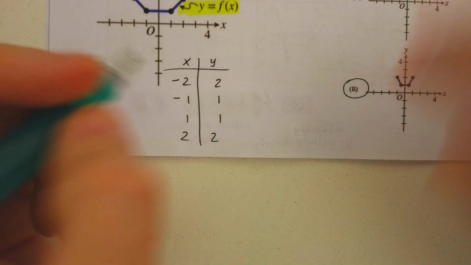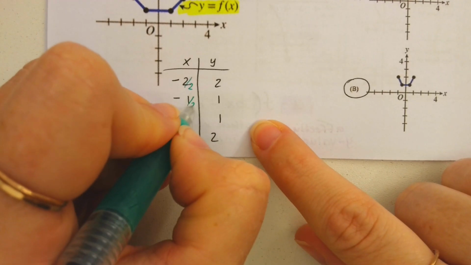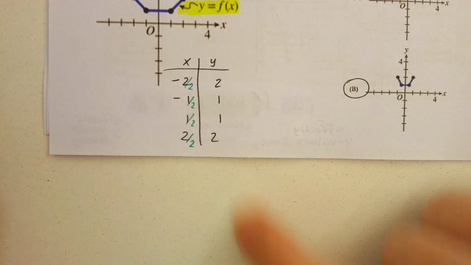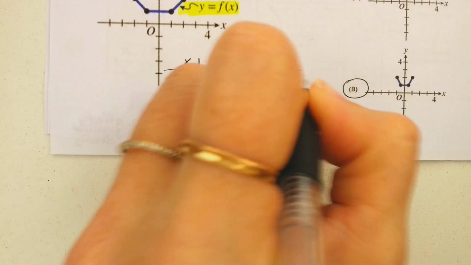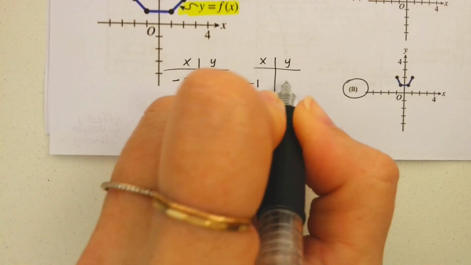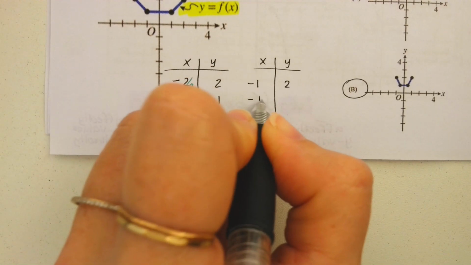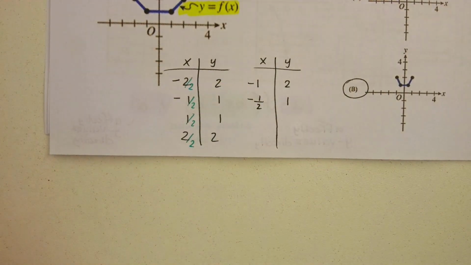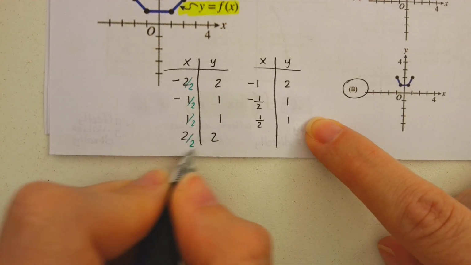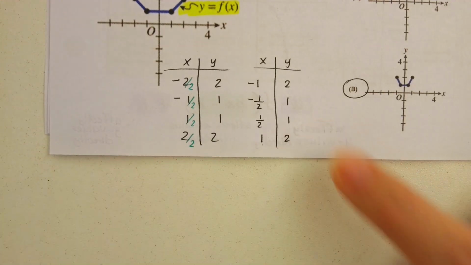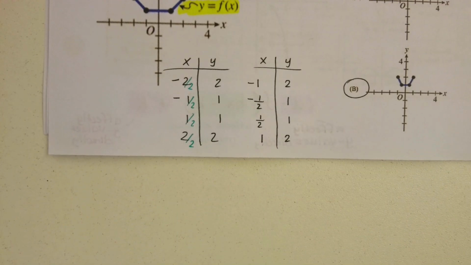So all of my x's divide by 2, and then we'll be able to see our new points. That would become negative 1, 2. This would be negative a half, 1, positive a half, 1, and then 2 divided by 2 would be 1, 2. And that perfectly matches graph B, negative 1, 2.